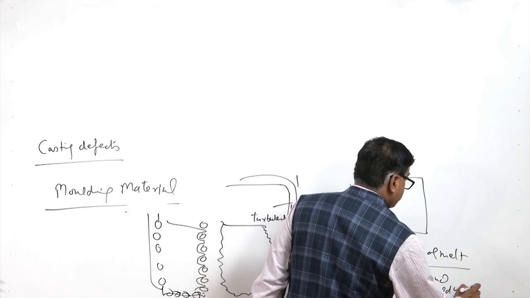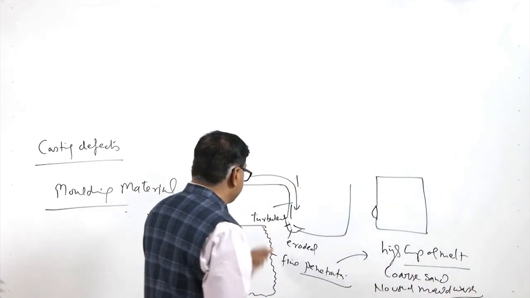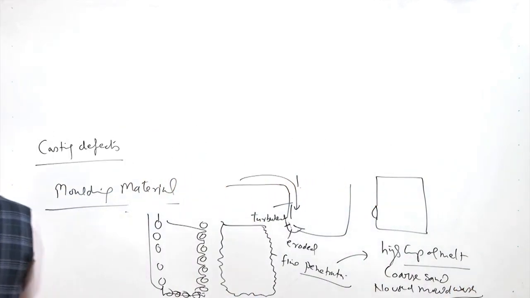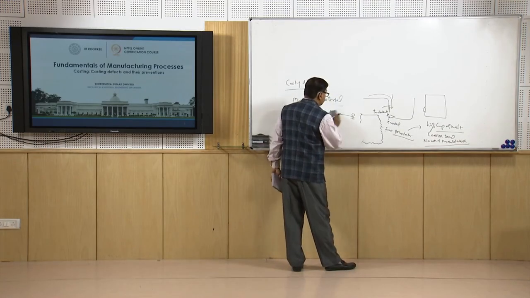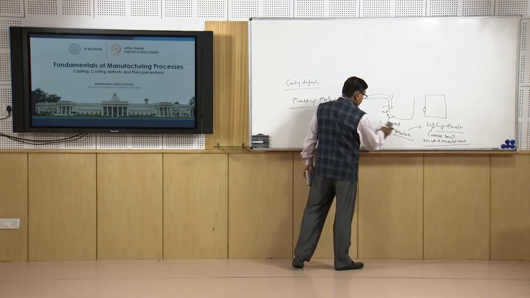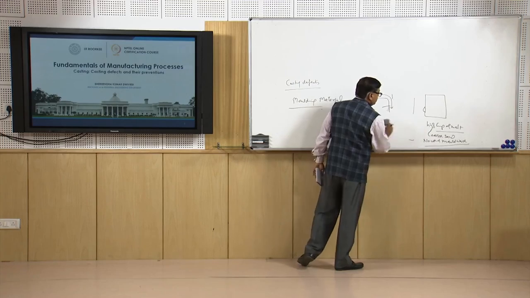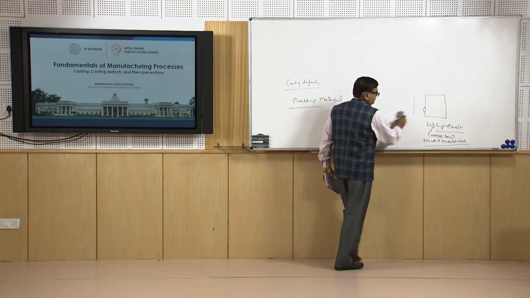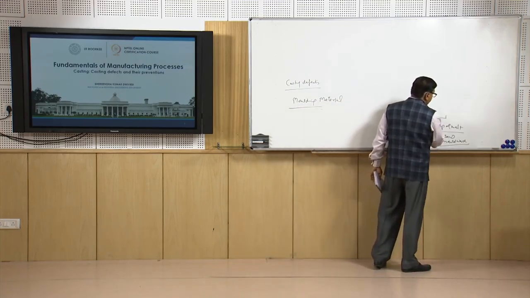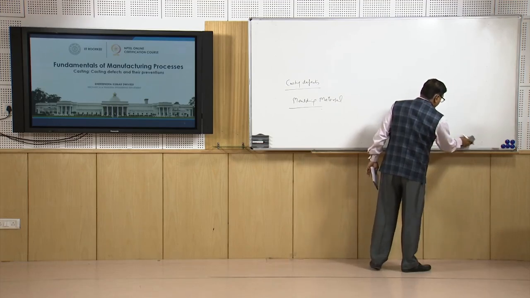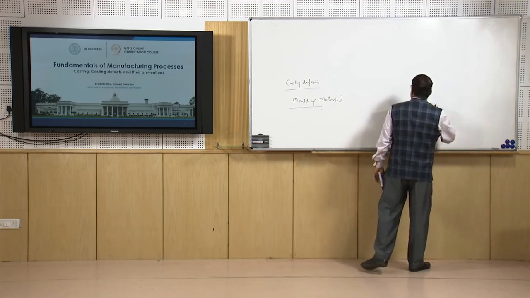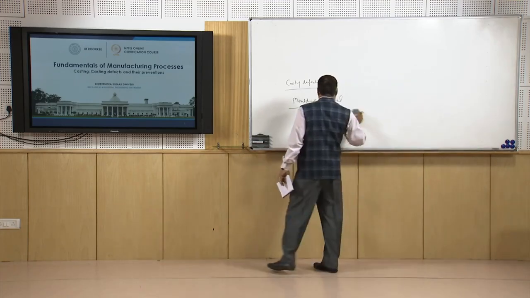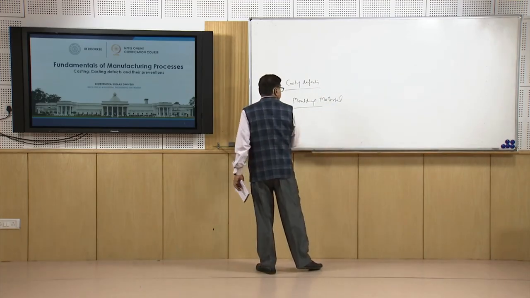Mold wash helps to fill all these fine spaces between the sand particles. If it is used, then all these spaces are filled in and the penetration defect is reduced. So, to take care of the penetration defect, we need to use the mold wash, use the proper pouring temperature, and avoid very coarse sand in the molding process.